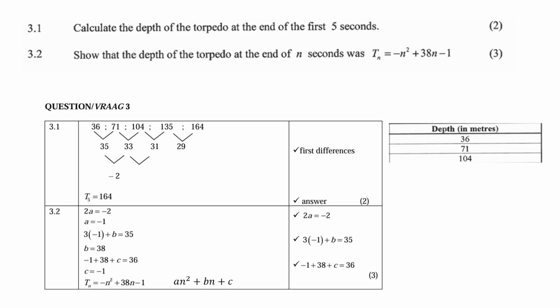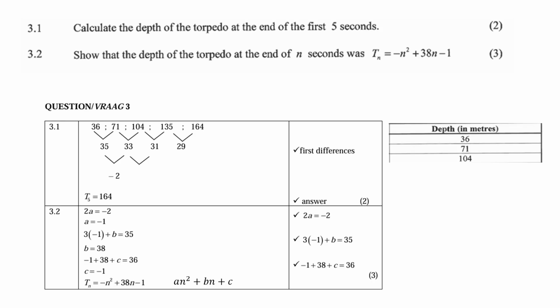Then 3.2, show that the depth of the torpedo at the end of n seconds was Tn equals negative n squared plus 38n minus 1. Now you remember the formulas. The first one is 2a equals the second difference, so it's equal to negative 2. So therefore a is minus 1. Then you remember 3a plus b equals 35. That is how we use the first term of the first difference.